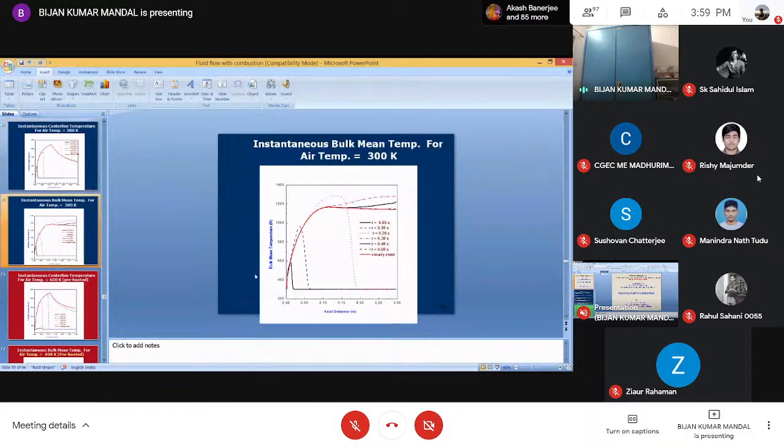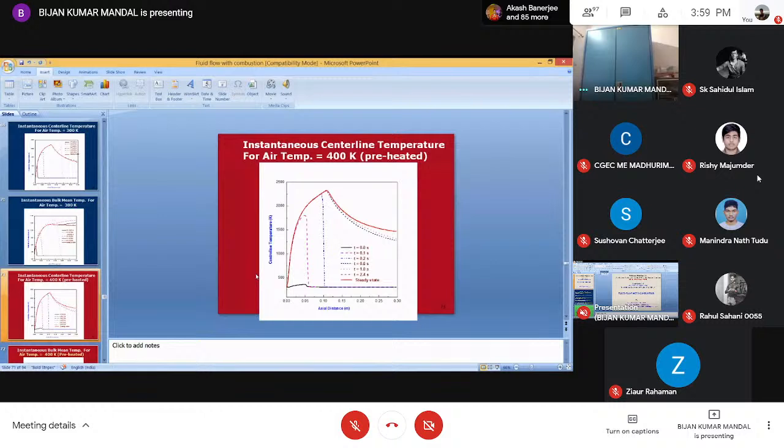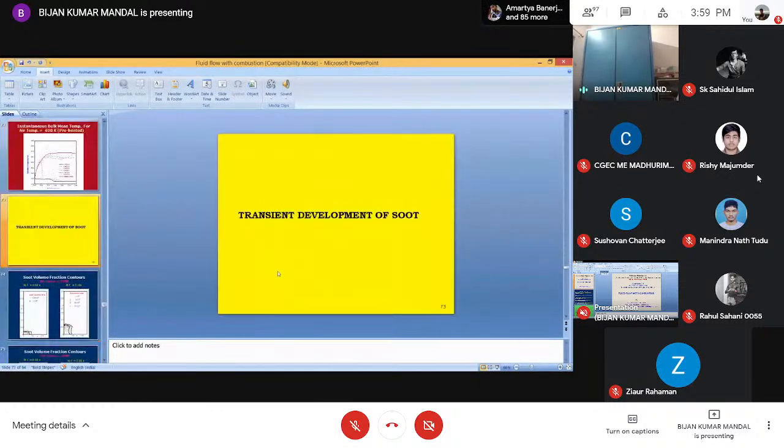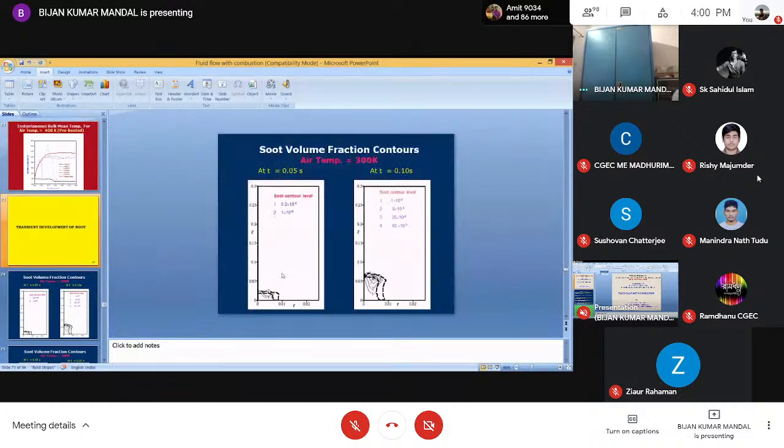This is the bulk mean temperature. Now let us look at the soot. The soot volume fraction is in the range of 10 to the power minus 8. At t equal to 0.5 seconds, these are the soot contours. The maximum value is 1 times 10 to the power minus 8.